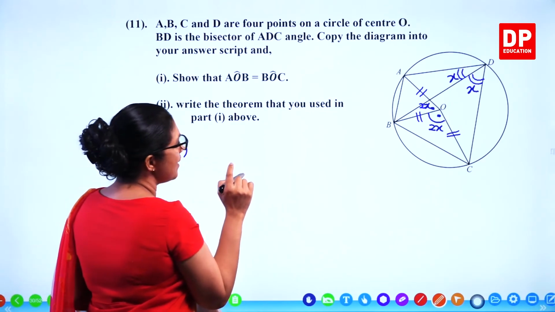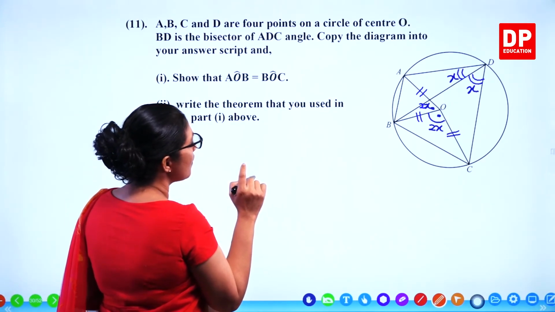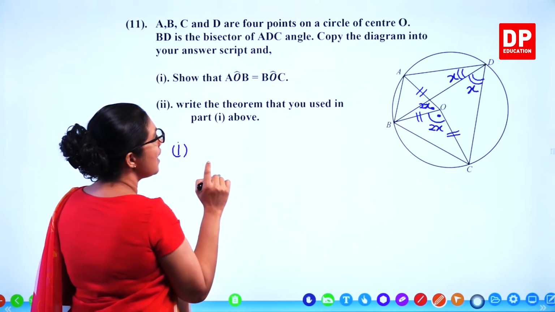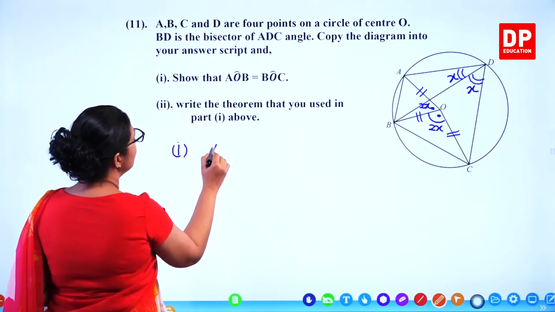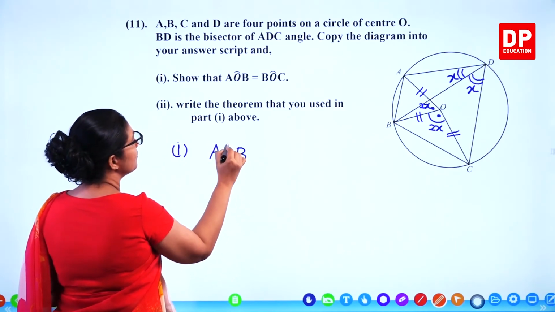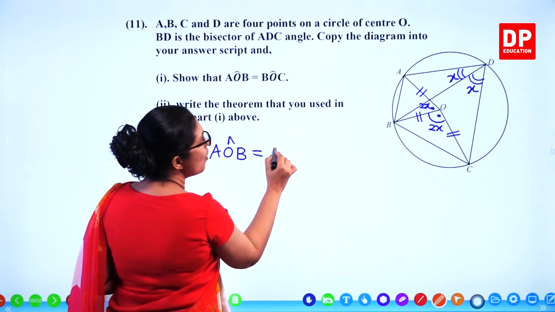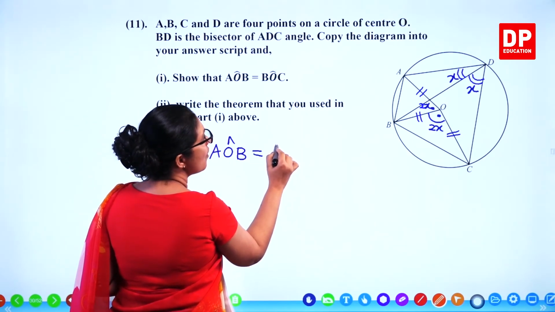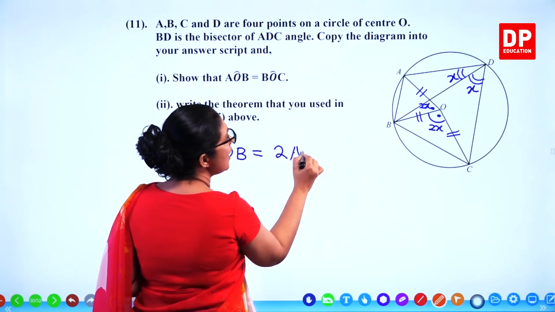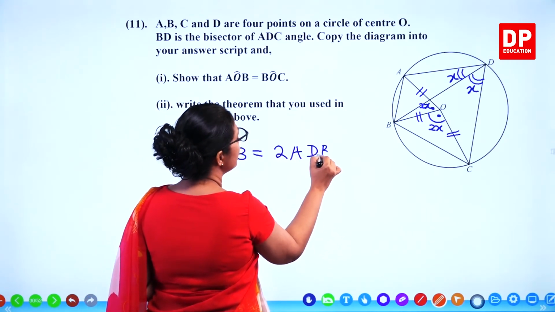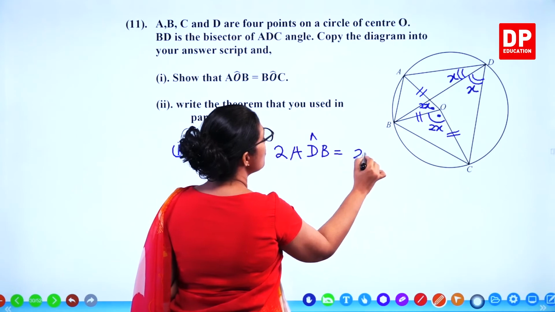So you can say AOB is equal to double of angle ADB, so 2x.